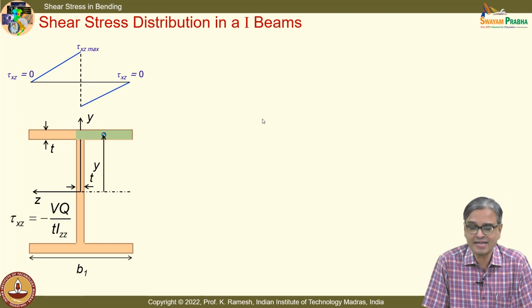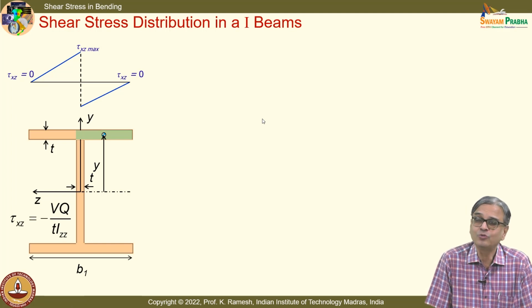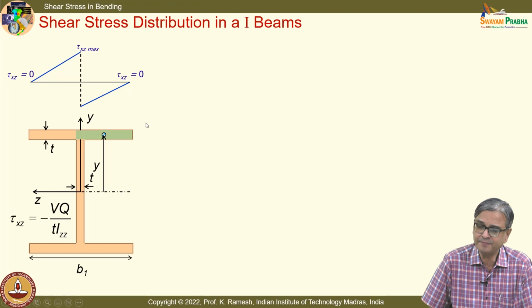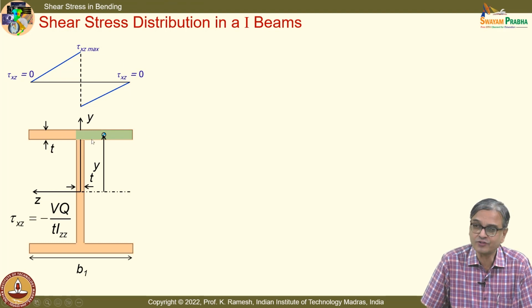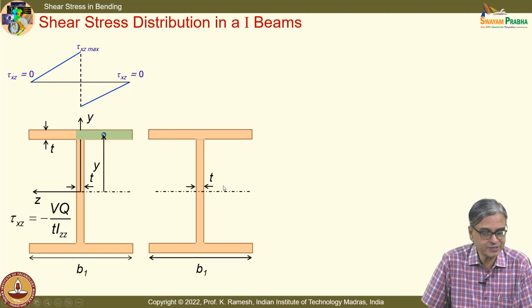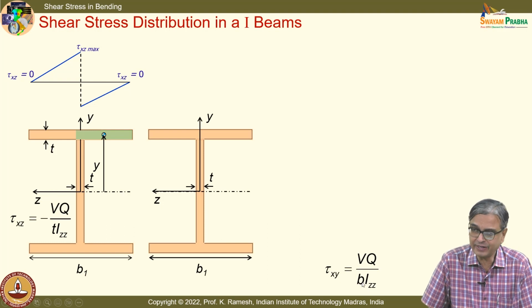So shear stress has two different distributions. If I look at tau xz based on the reference axis that we have taken, it varies linearly. This is what happens in the case of the flange. And we also have the expression for tau xy, which is VQ by b Izz. Here b is the width, and you also have a sudden jump in the junction.